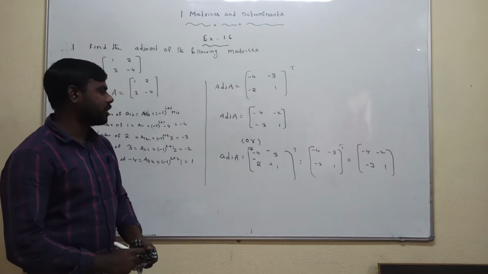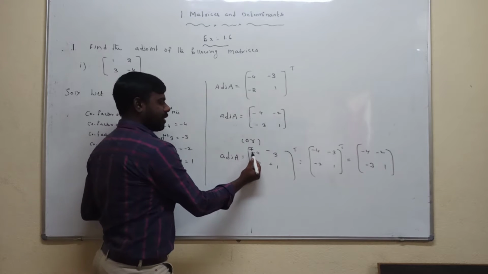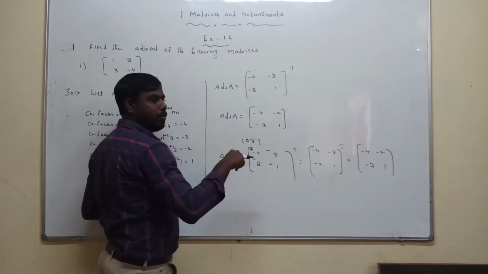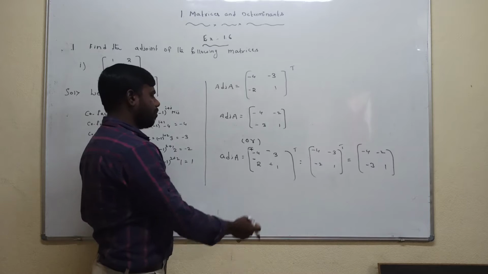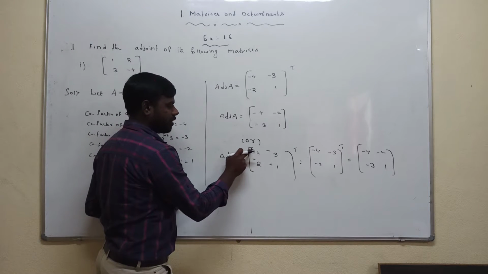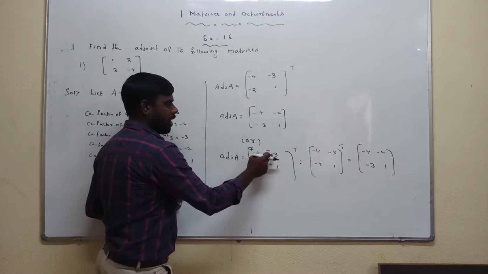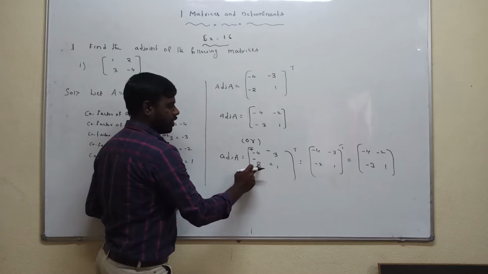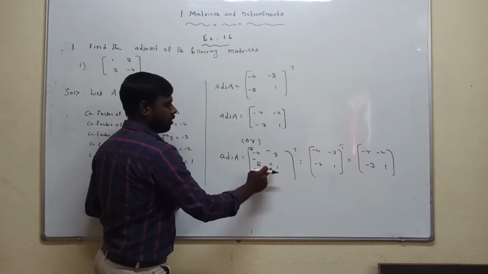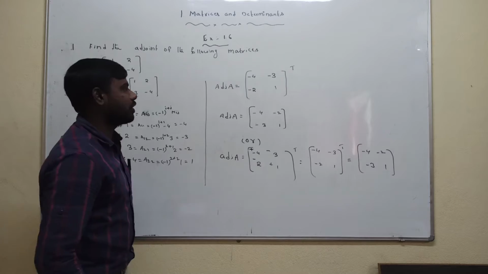After writing what is left, we can mention the signs, plus and minus alternating. After the product with the signs, plus into minus is minus 4, minus into plus is minus 3, minus into plus is minus 2. Next is plus 1.